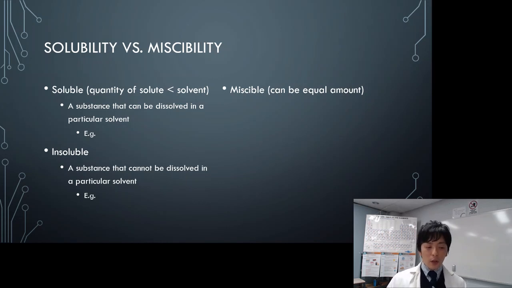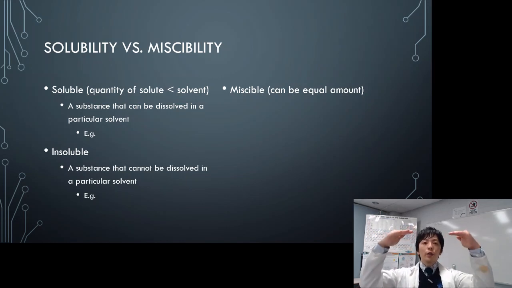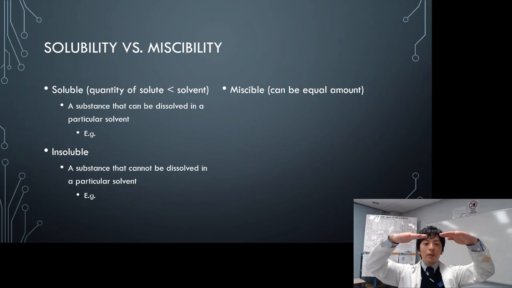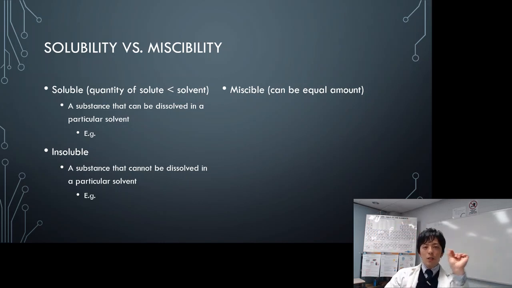So we are comparing solubility, soluble or insoluble, to miscible. Miscible, make sure you know the spelling there too. Miscible means can be mixed in equal amounts. So what you're dissolving or trying to mix in is the same amount as the other thing. Solute and solvent can be the same amount, or a bit less, but not like a tiny spoonful into 1 liter.